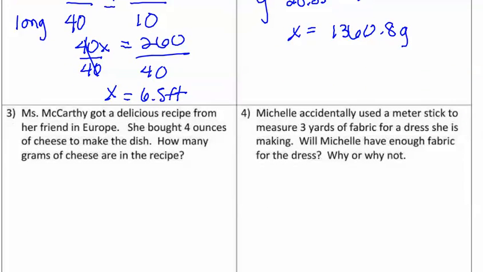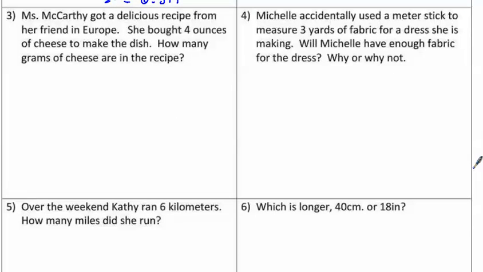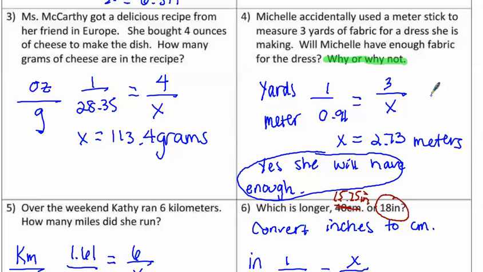Pause the video and try 3, 4, 5, and 6. Review the answers written below. Remember, in number 4, it's not only asking how many meters, but it's asking, will Michelle have enough fabric for her dress?